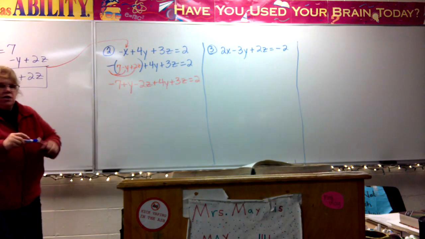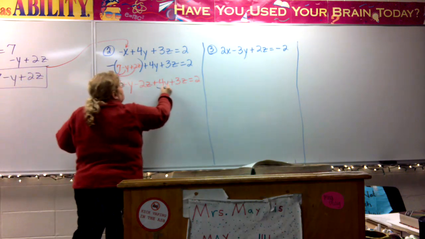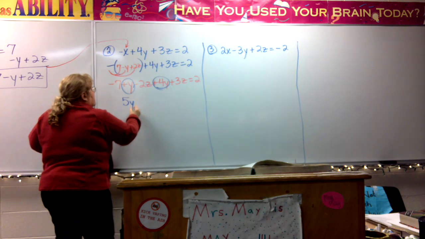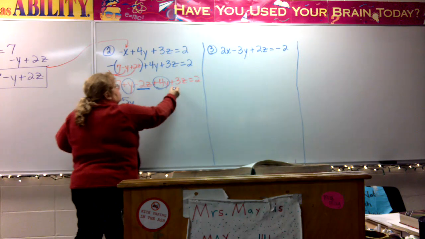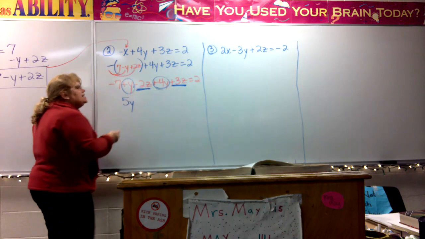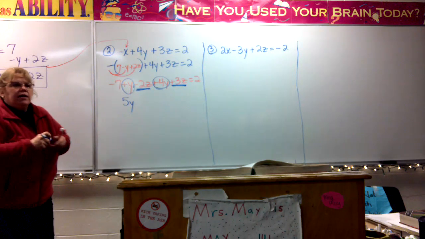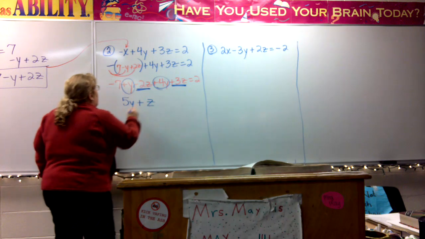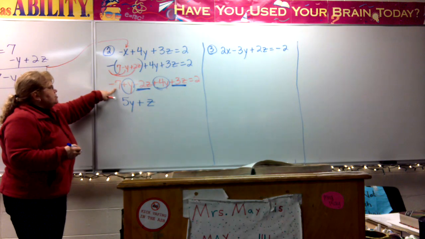Combine the like terms. I have a 4y and a y, 5y. 3z, take away 2z, it's a 1z. And then I've got a negative 7 here.